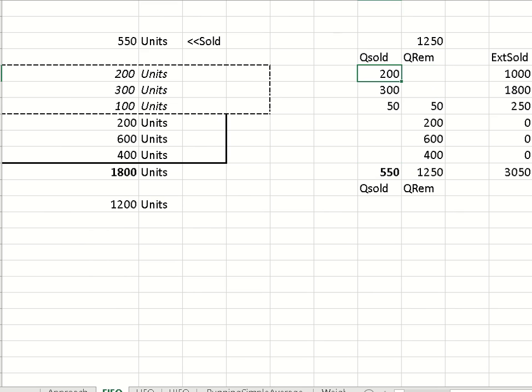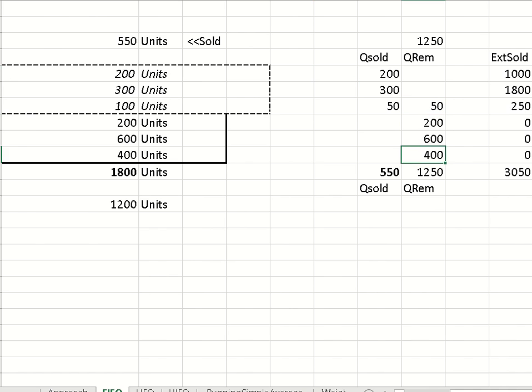So you see the allocation. We have 200, allocating 200 here, everything is sold, and then 300, and then here it is 50. We allocate from the top down, and then the remaining ones go here.